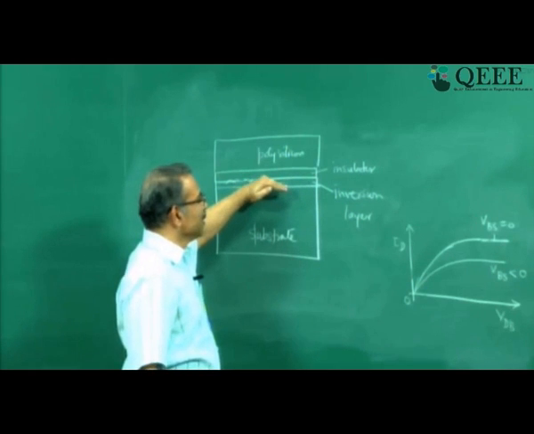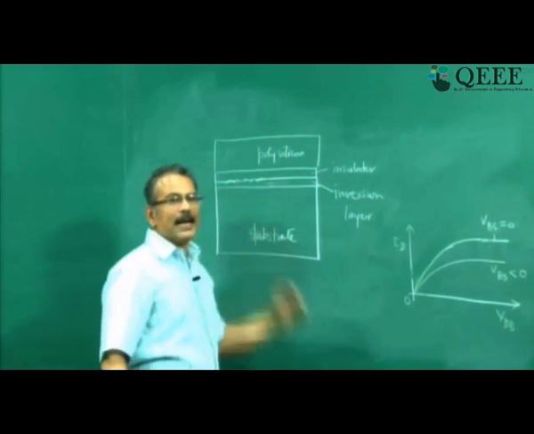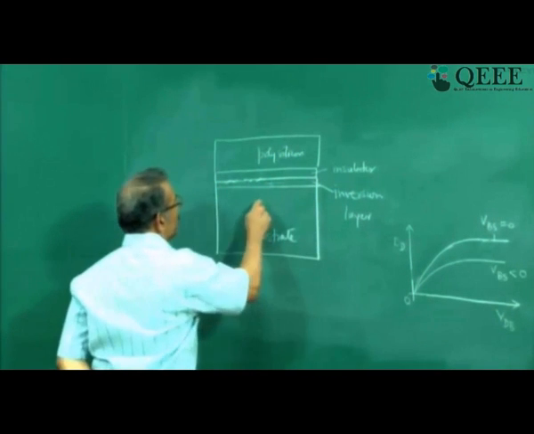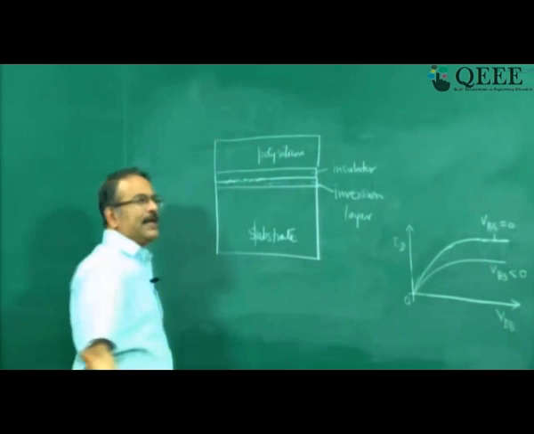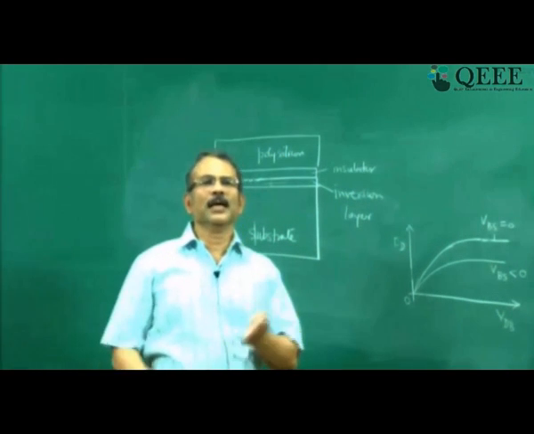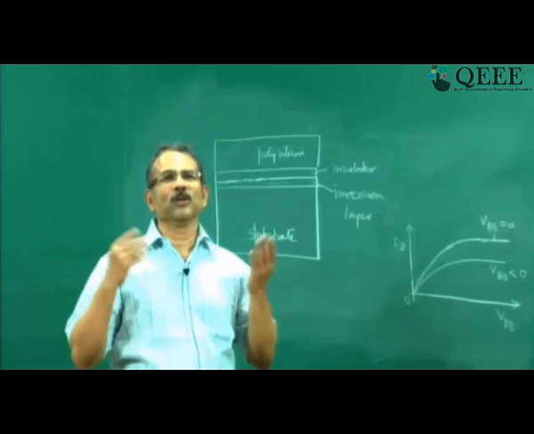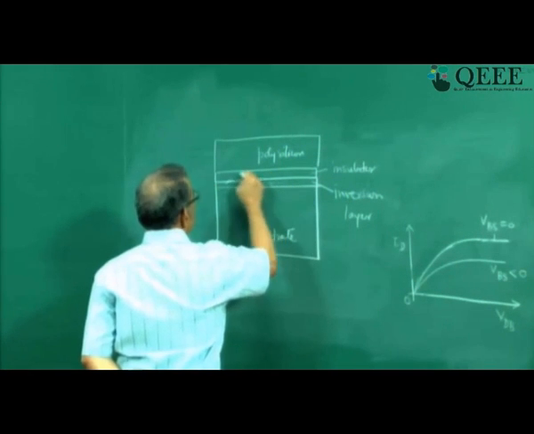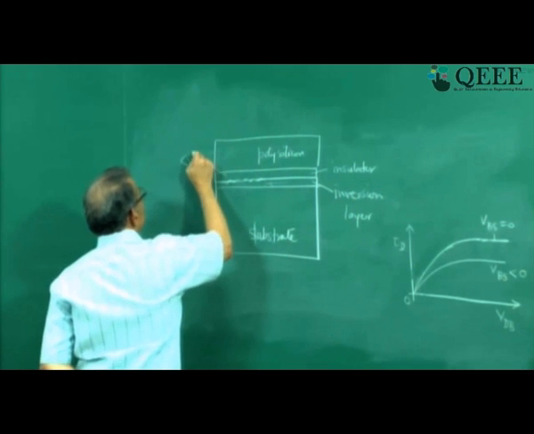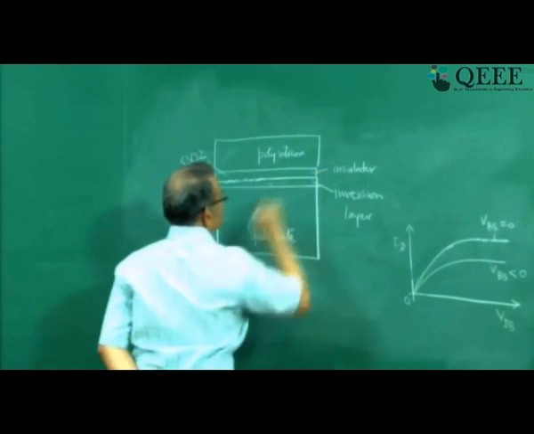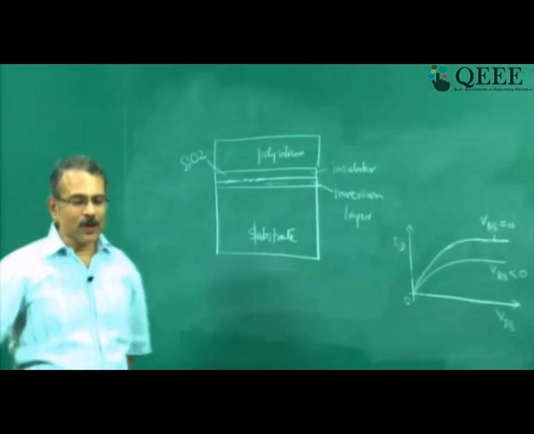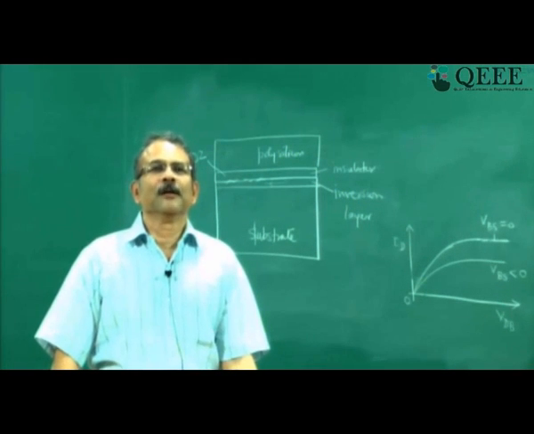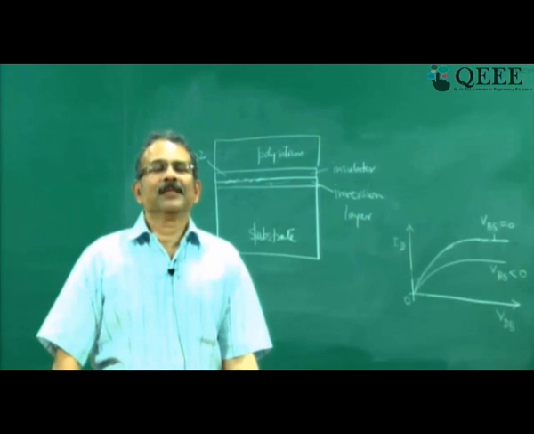So ultimately they came up with a very elegant and simple process, and they found that if you simply convert silicon to silicon dioxide by heating silicon in oxygen in a very clean ambient at 1000 degrees or more, then you get a very good quality insulator. That is why people use silicon dioxide, because it gives you a good interface and it gives you a reasonably good mobility of carriers there. Is that clear?